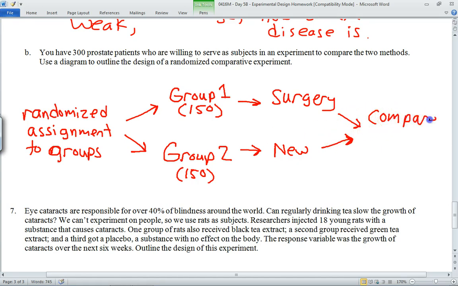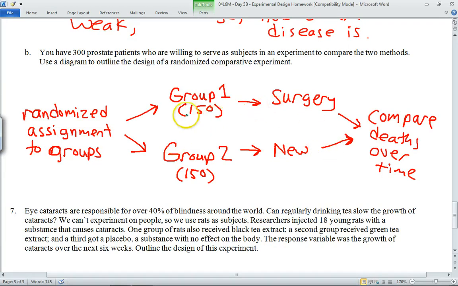So then we compare deaths over time. Can you see how that is going to be a much more meaningful study?